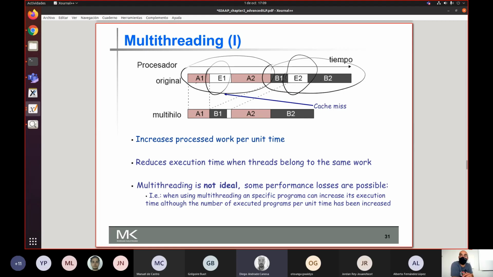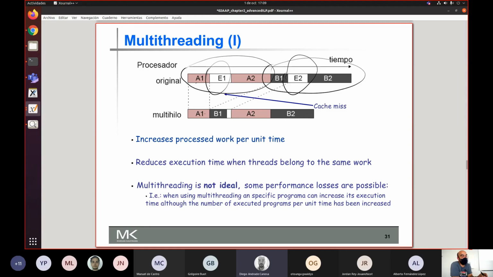When you have to load something that is not in the cache, you have to go to the main memory. It's going to take, I don't know, 100 cycles of the processor. It's not even a second, but for the processor, this is a long time.